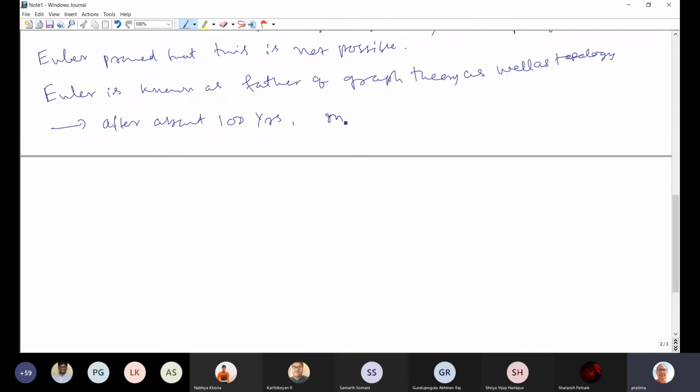In 1847, Kirchhoff developed the theory of a kind of graphs called trees.